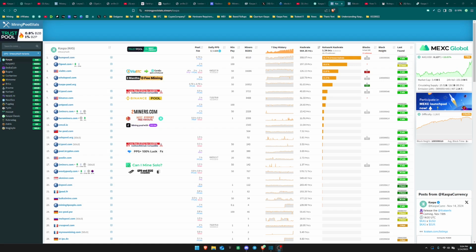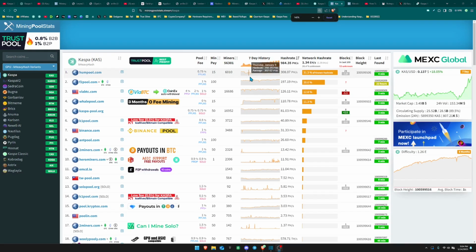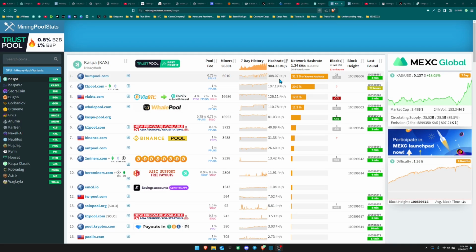The difference between the two is that pool mining allows miners to combine all of their hash rate together to a singular entity that is running a node, and then this entity will then disperse the rewards from the blocks found to every single miner in a fair manner. So for example, humpool.com has currently about 308 petahash of the entire network hash rate of Kaspa.